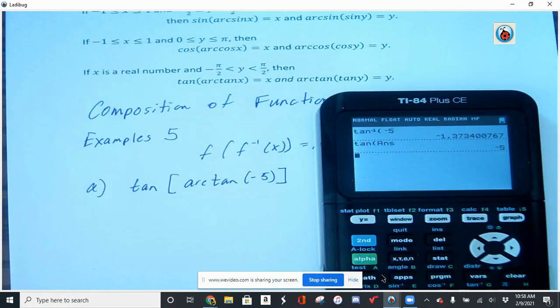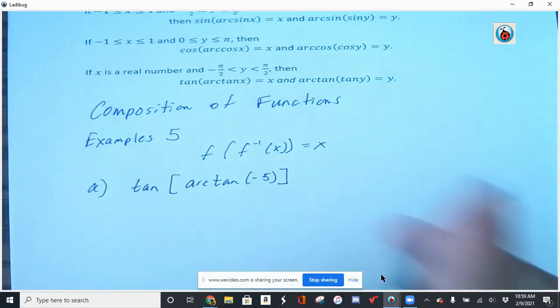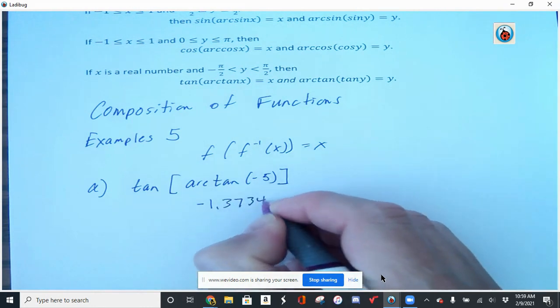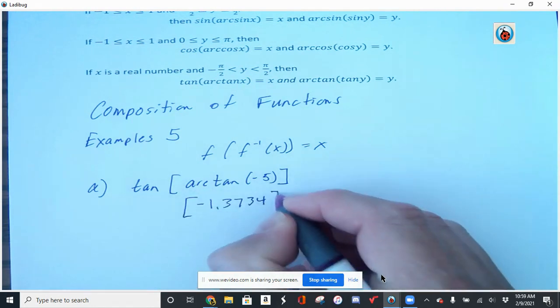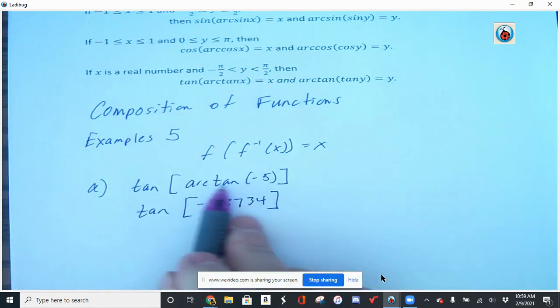The arctangent of -5 is equal to -1.373, and I'll take it out to 3734. So I know the arctangent of -5 is equal to about -1.374.